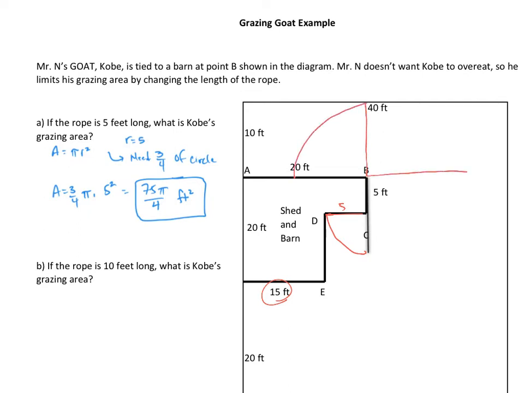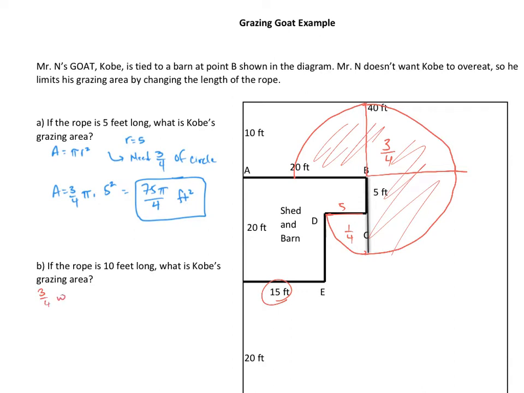I can't really draw it too well, but you'll have 3/4 of a circle in here, and then the 1/4 right there with a different radius. So you will have 3/4 with radius equaling 10 and 1/4 with a radius equaling 5.